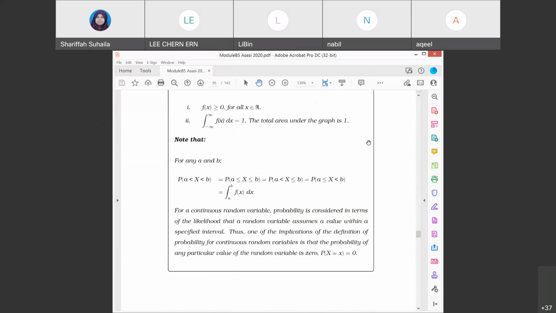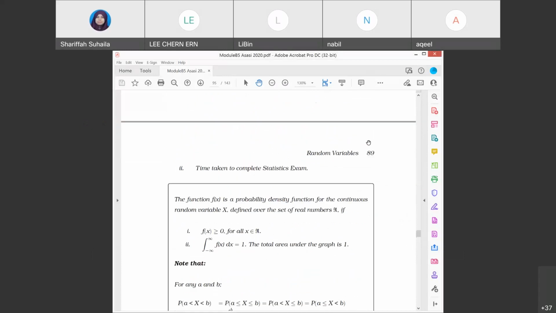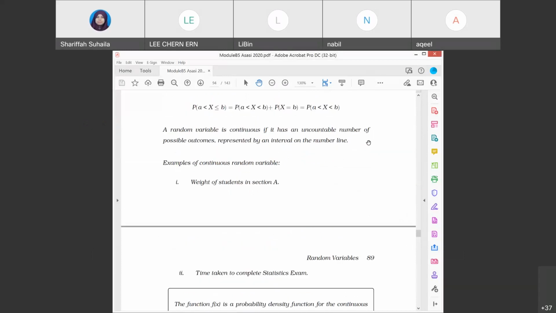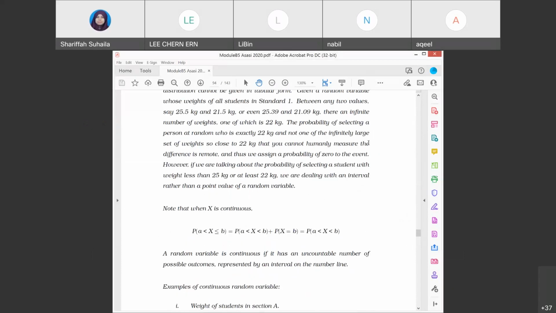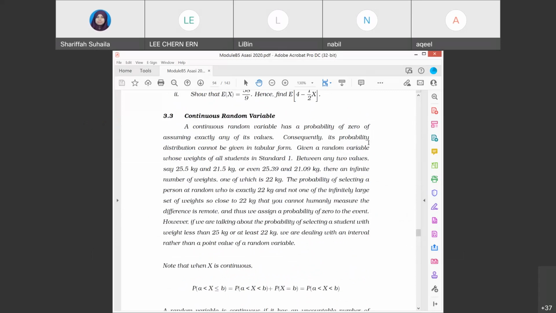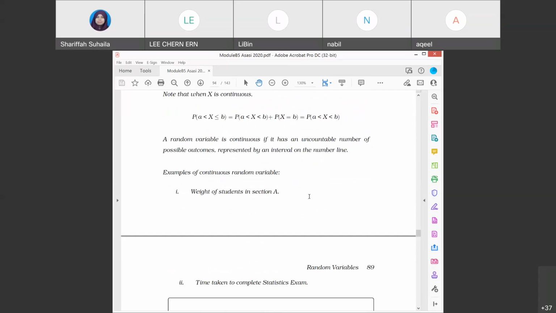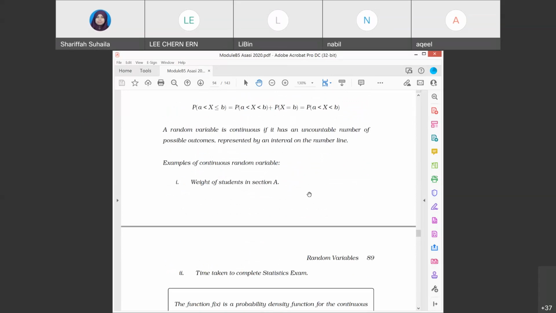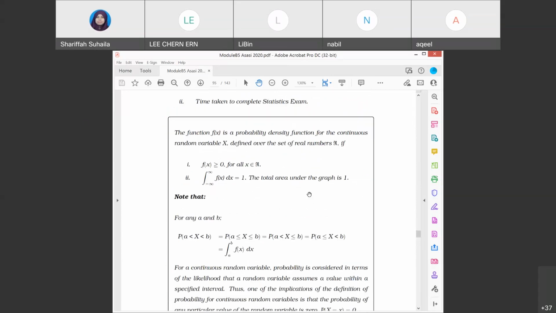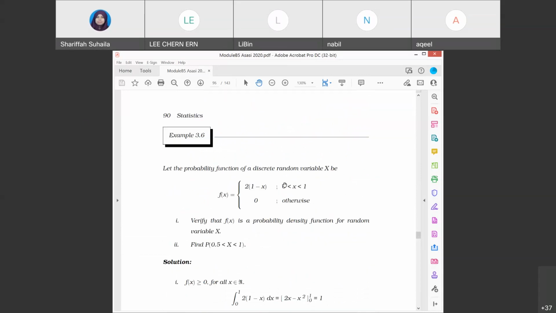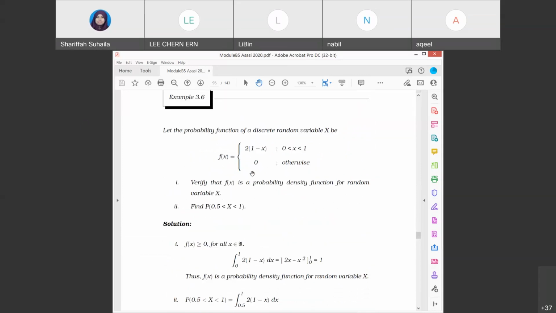Okay, so the same concept dalam, let's say, if you refer to your module. Okay, so first we start with introduction for continuous random variable. So I already give the example, for example, width and also height. Okay, and then the same thing here. So you want to verify whether this one is a probability density function for random variable.